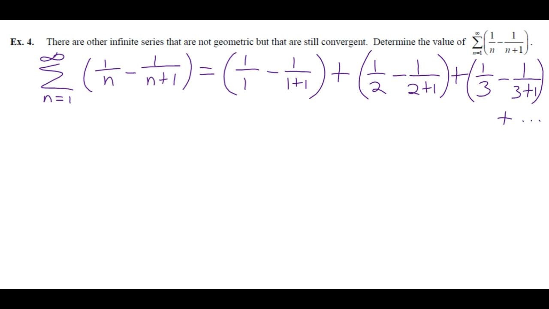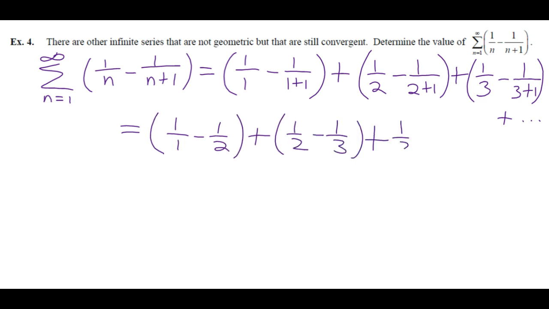Okay, so we've got a few terms, right? So that's 1 over 1 minus 1 over 2, plus 1/2 minus 1/3, plus 1/3 minus 1/4, plus, and it's going to continue.